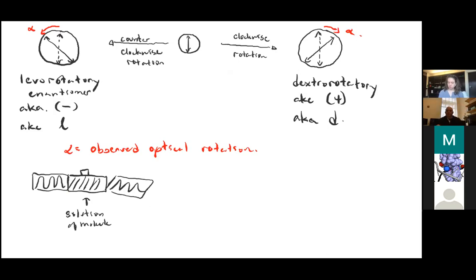And so I've got a physical solution of the sample after that incident light. And so you might expect intuitively that the degree of rotation, the magnitude of rotation, is going to depend upon the concentration of the sample, and then also the path length, the length of the cell. And that is the case.